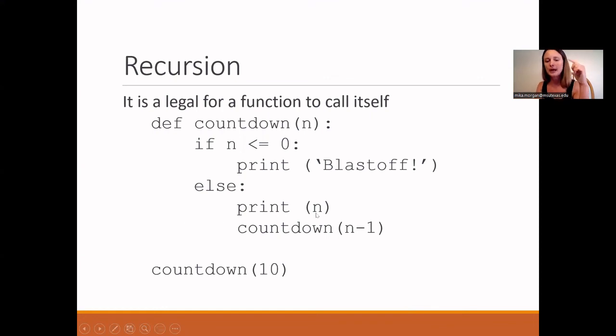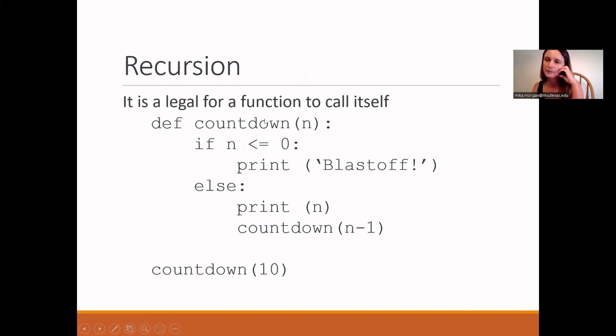So then we would print out 9, call the function again with an 8, print that out. We would keep going, 10, 9, 8, 7, 6, 5, 4, 3, 2, 1. Print the 1, call countdown with a 0.